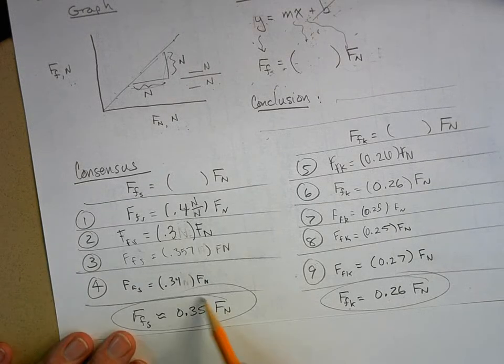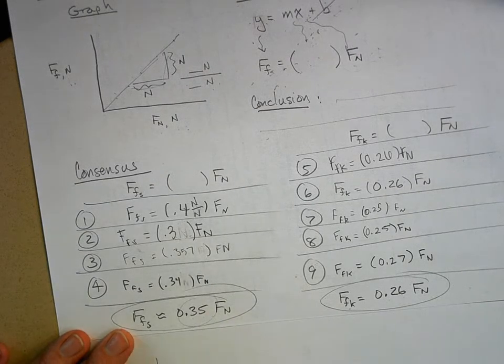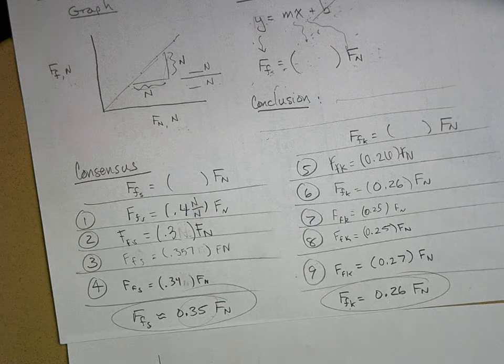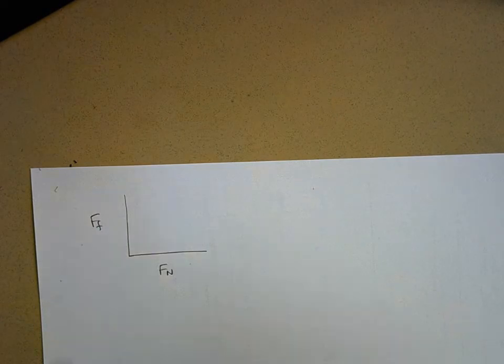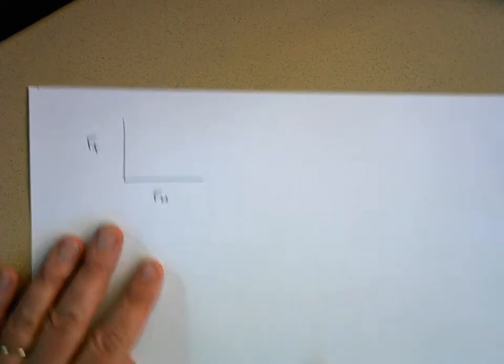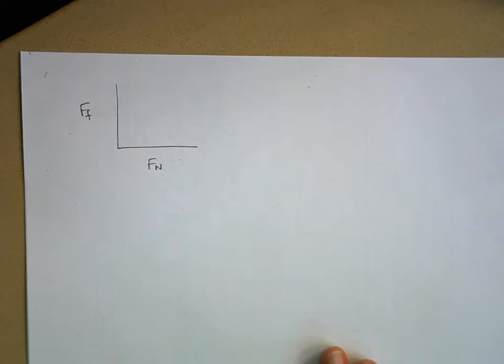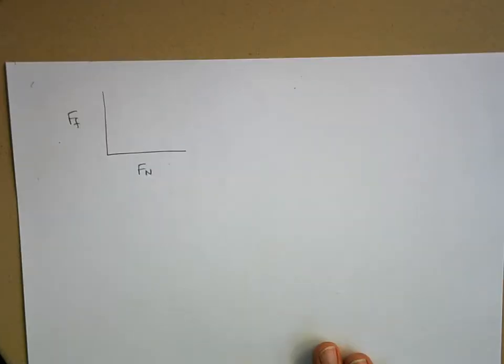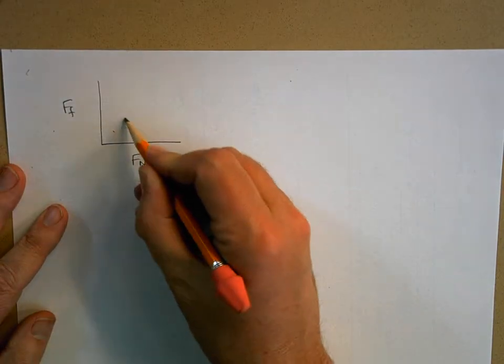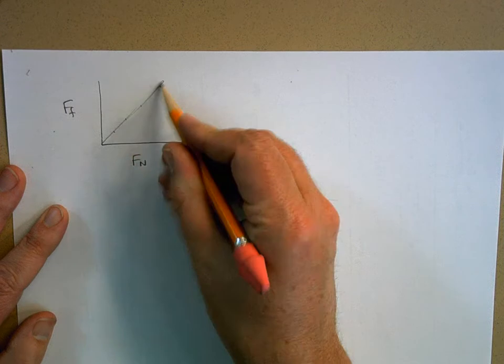Now this ratio, this slope: if you graph force of friction as a function of normal force, your data will line up pretty good, and you get a straight line.